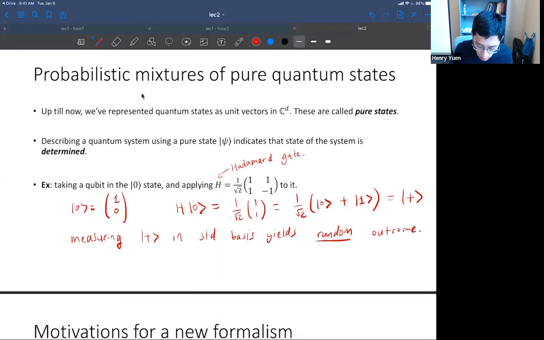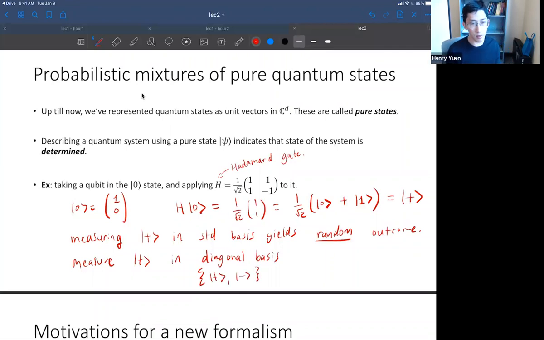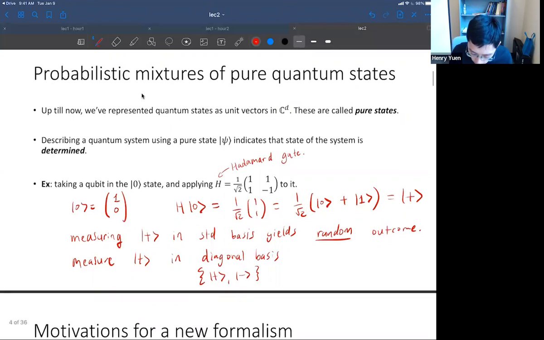You can measure it in this other basis, which is also known as the diagonal basis. This is just the basis that's spanned by the plus state and some orthogonal state, let's call it the minus state.